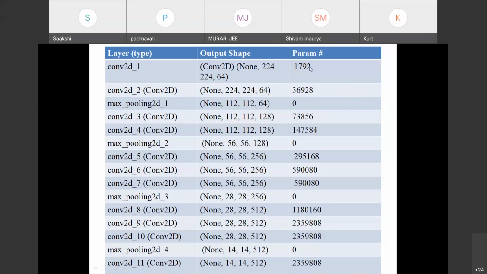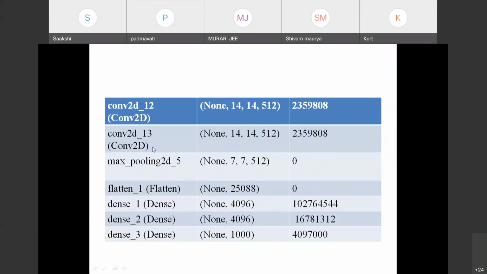Like this, I have listed all the convolutional and pooling layers as well as fully connected layers. You can see in VGGNet, we have 13 different convolutional operations, 5 different max pooling operations, and definitely I will be flattening this, so no parameters are learned for this layer. We are only elongating this 7 cross 7 cross 512 to 25088, converting it to a 1D vector.